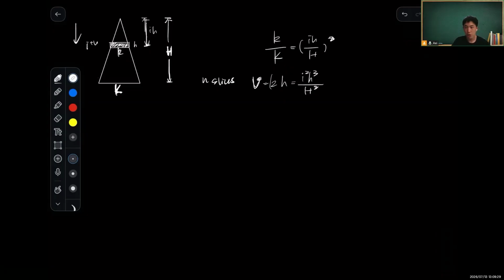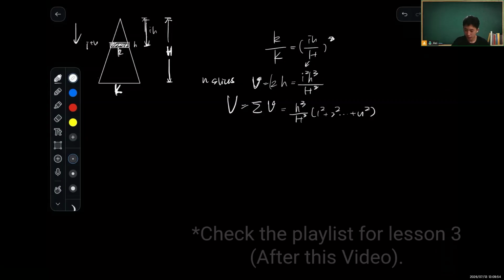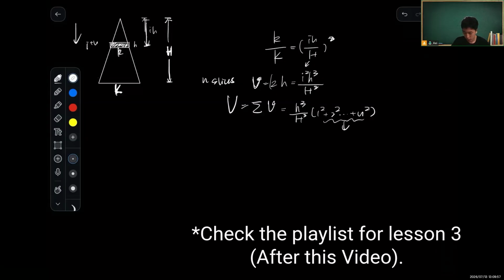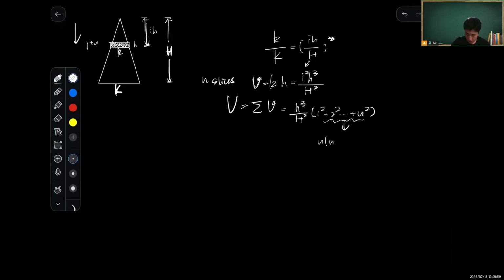Then what we are interested in is the sum of the volume, which in fact is h to the third degree divided by big H squared multiplied by 1 squared plus 2 squared all the way up to n squared, because the only changing thing here is i. And we already know what this expression is. This is n multiplied by n plus 1 multiplied by 2n plus 1 over 6.